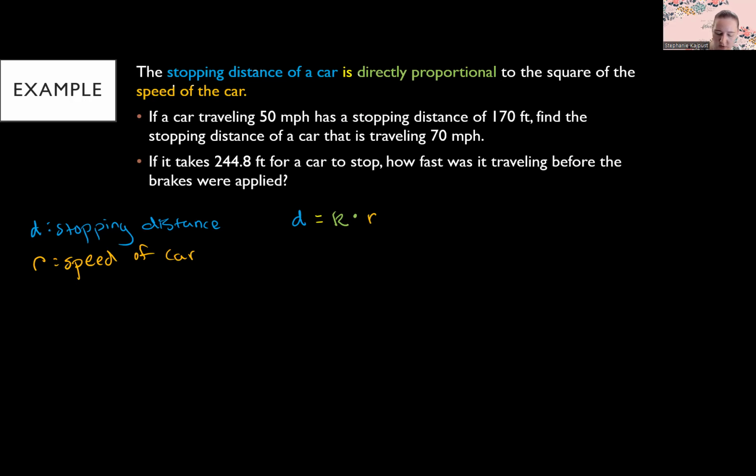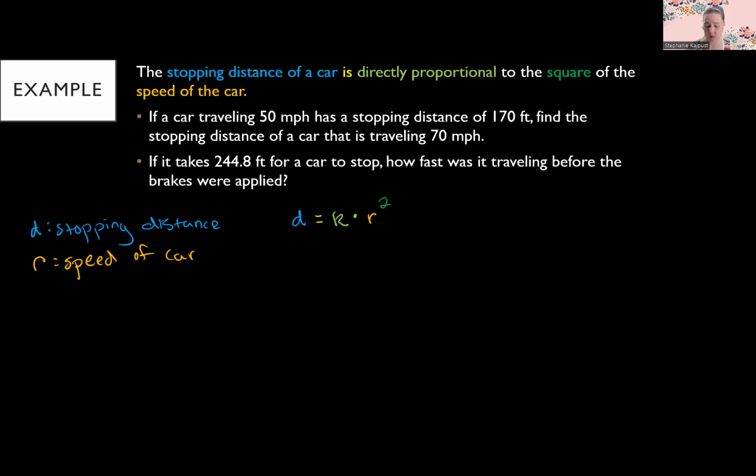And then the one thing that we haven't translated here yet is the fact that it says it is directly proportional to the square of the speed of the car. So that means that there's an exponent on this. So it's going to be R squared. So the stopping distance of a car is directly proportional to the square of the speed of the car gives us D equals K R squared.